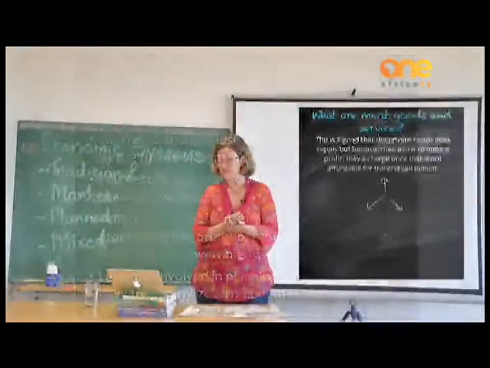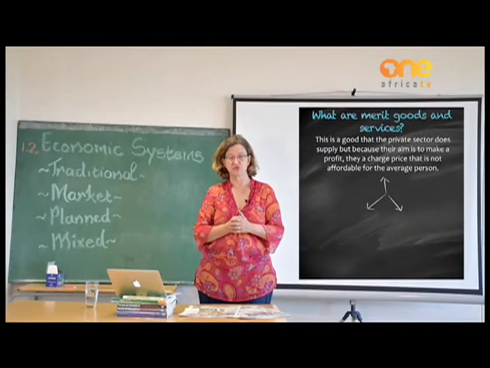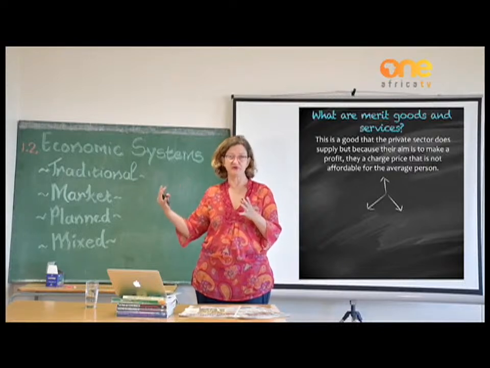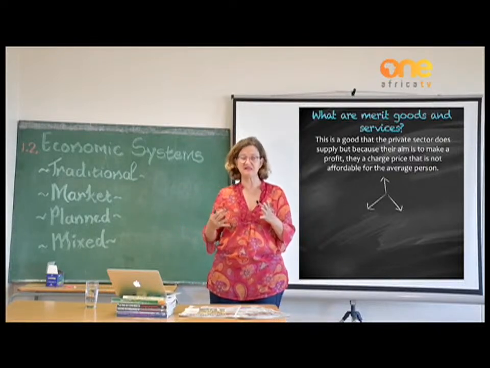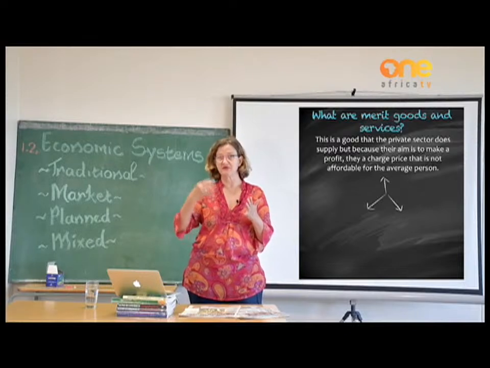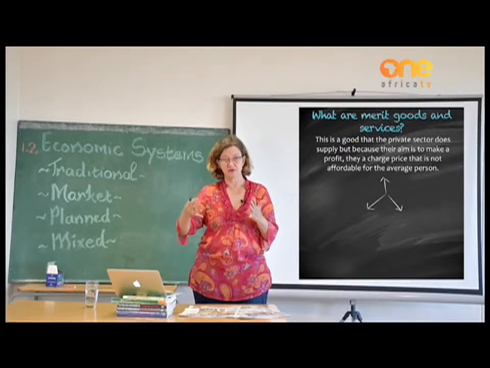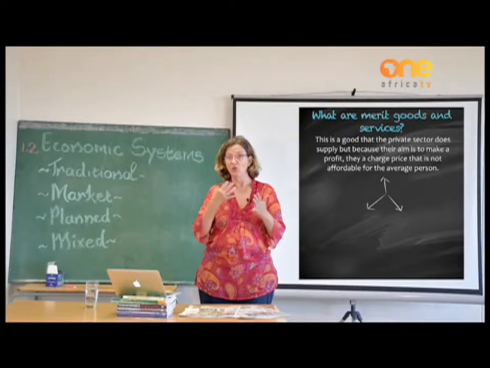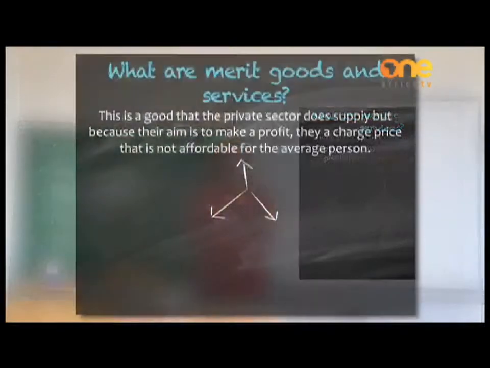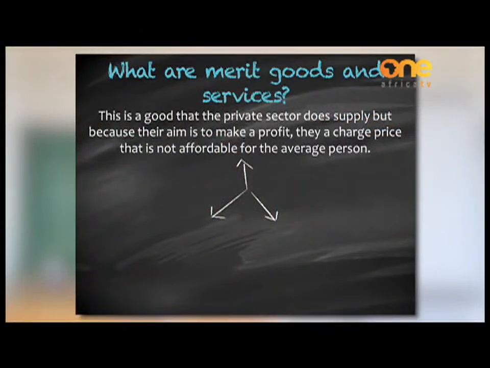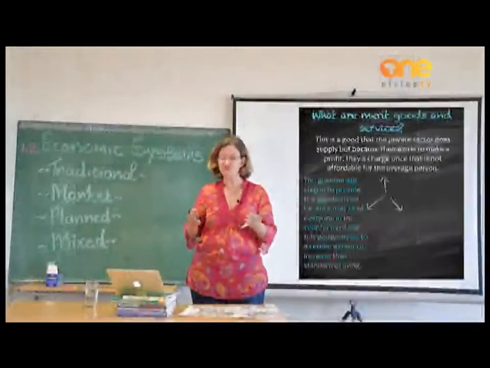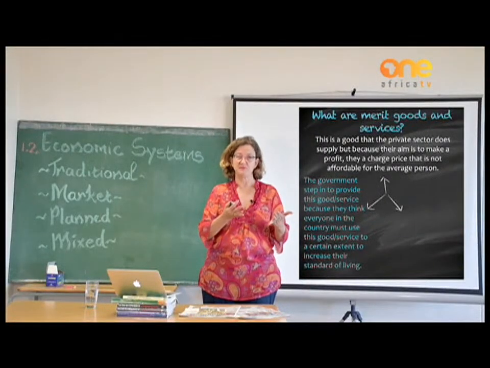Now I will explain to you just merit goods. Now you have picked up through the previous lesson and this lesson that a merit good is something that is supplied by the government. Why do the government supply merit goods in our country? And that is why I've said in the beginning that our country is a mixed economy, or use a mixed economic system, because they step in and they provide merit goods.